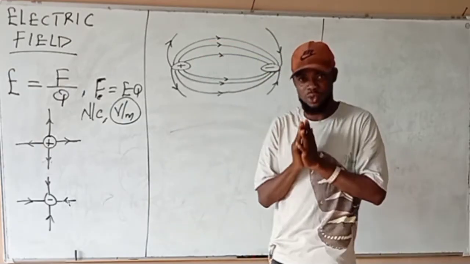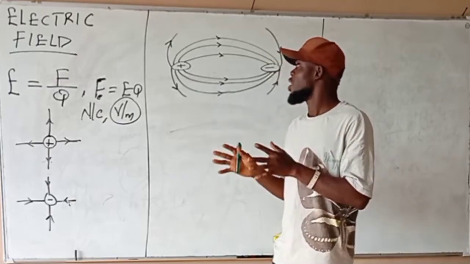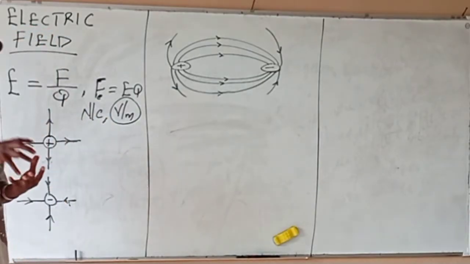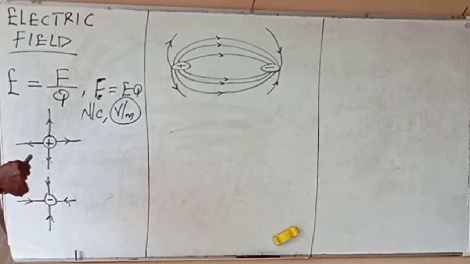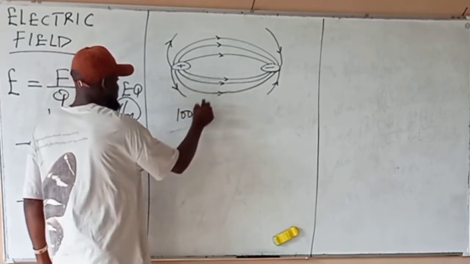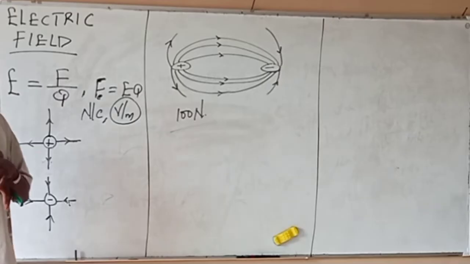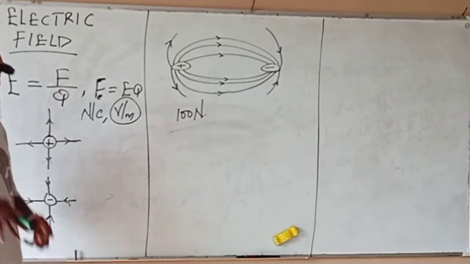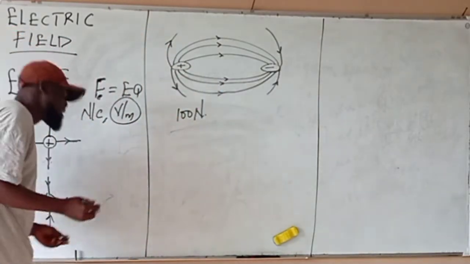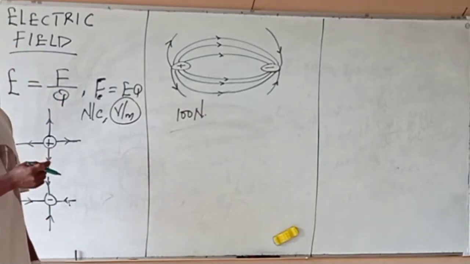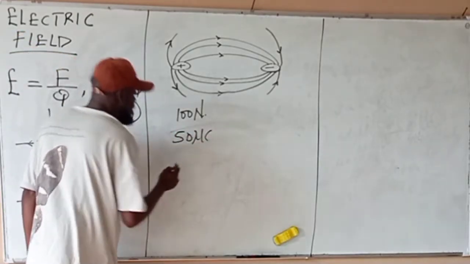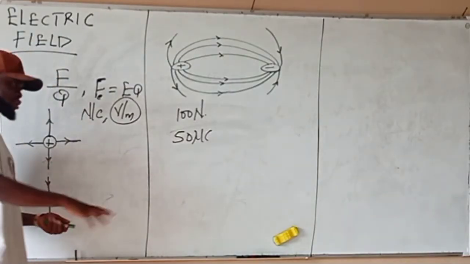Now, let's look at this question. Obtain the electric field strength, or electric field intensity, when a force of 100 newtons is experienced by a charge of 50 microcoulomb when placed in the field.